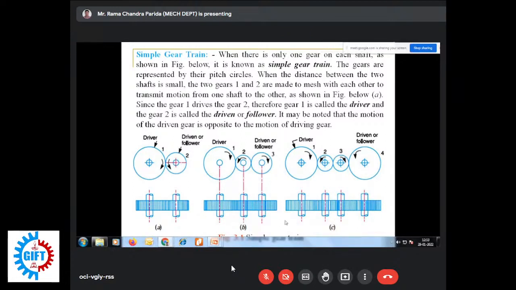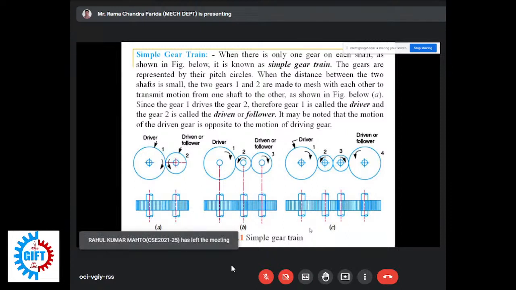And in figure C, you can see that if two intermediate gears are there between driver and driven gear, the direction of rotation is different. Okay, that means it is opposite to each other.